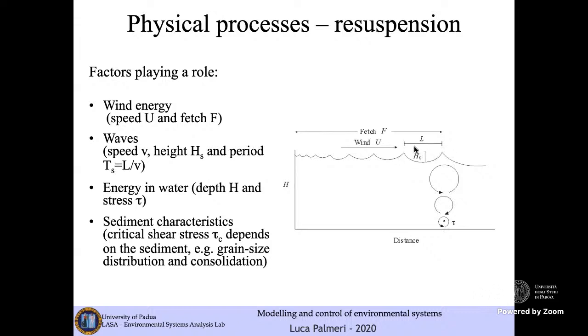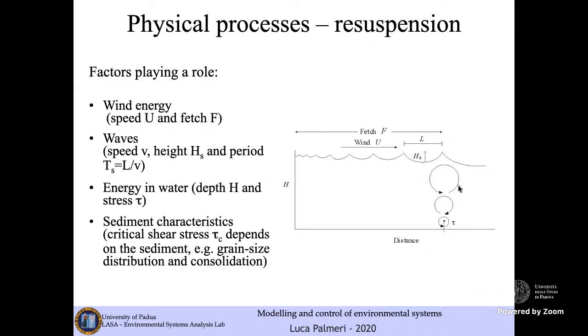Waves are described by the wavelength L and by the height of the wave, that is hs. When you have this kind of waves, then by dissipative processes, you may have some kind of gyres that tend to distribute or to dissipate the energy of wind.